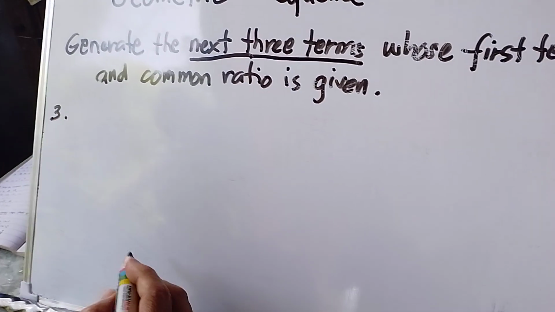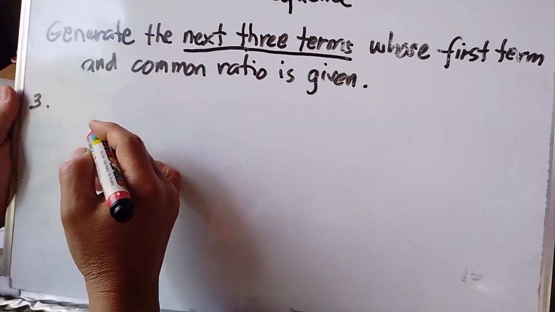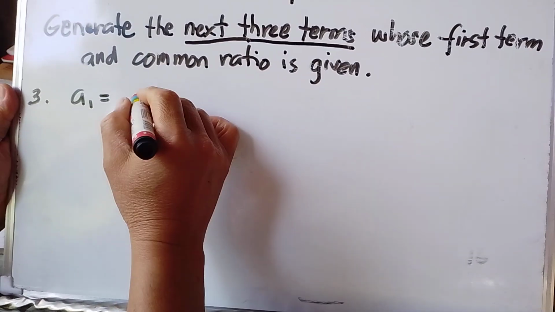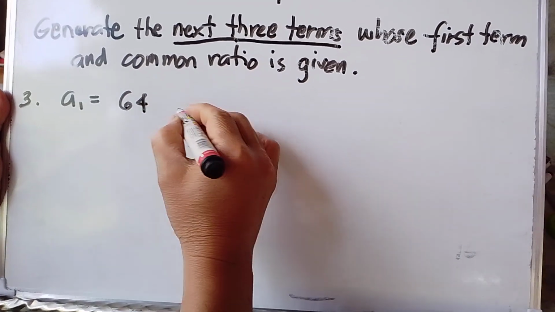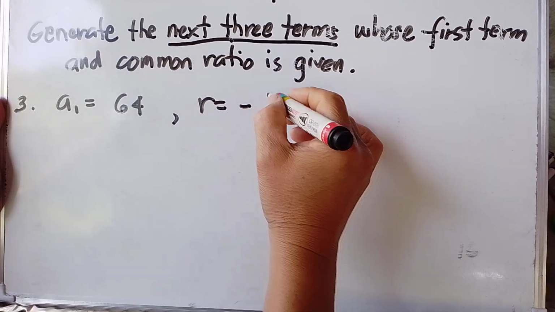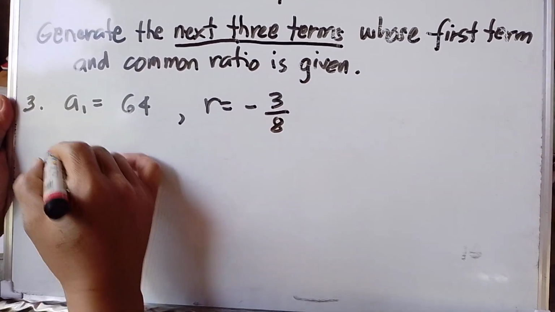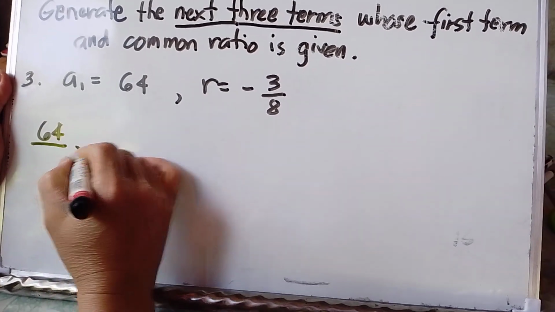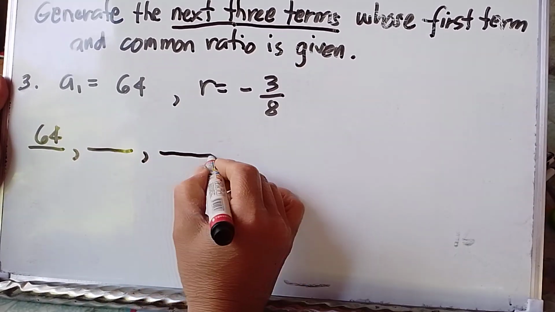Number 3. A1 is 64, and then the common ratio is given, which is negative 3 over 8. So this will be our first term, 64, then followed by the next three terms.